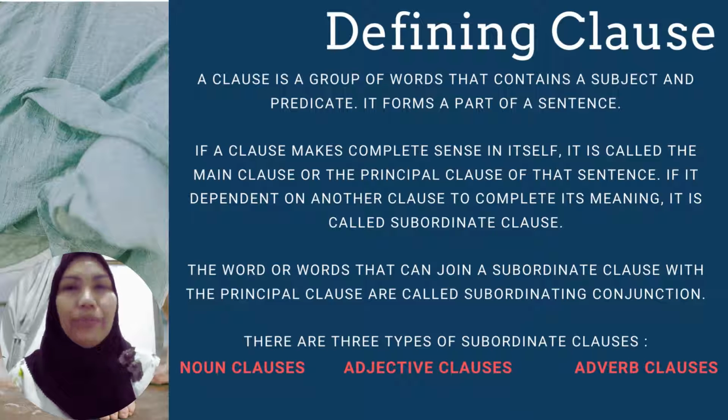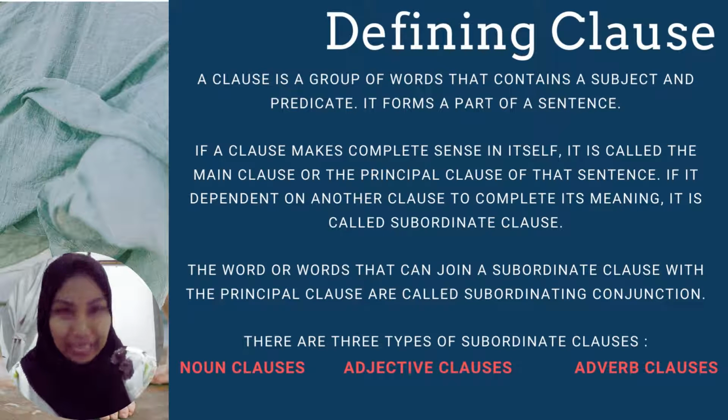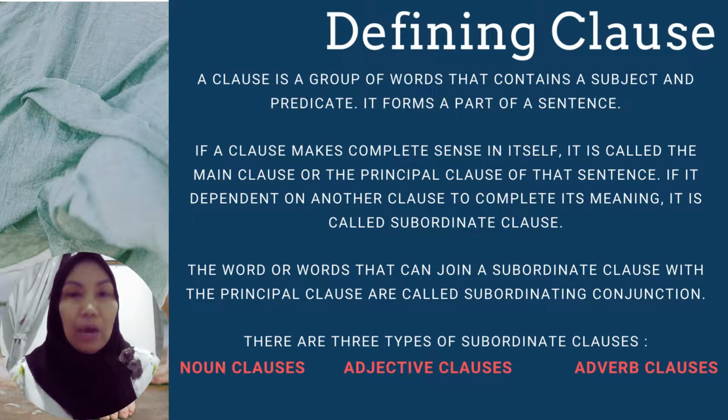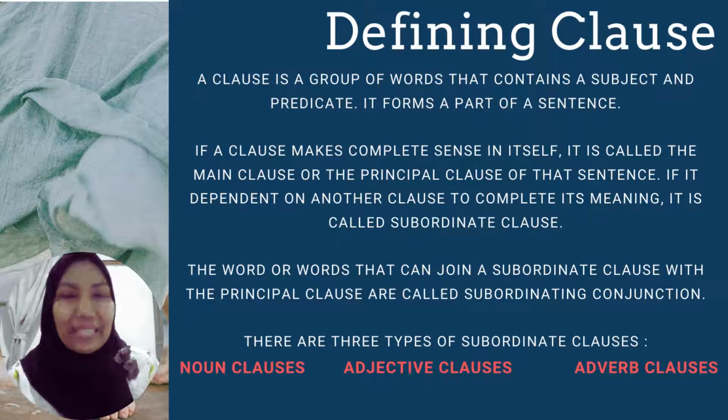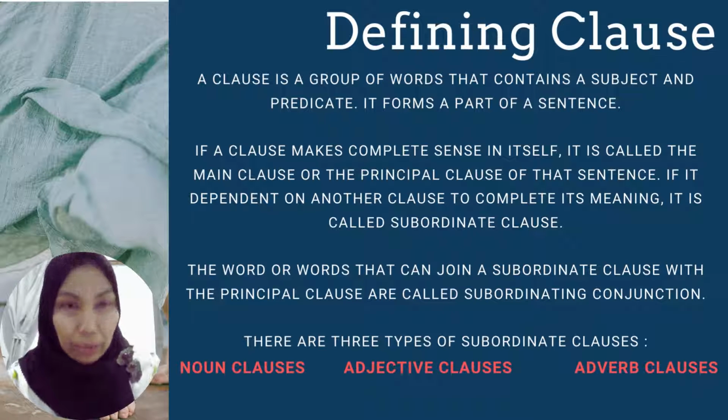First, we are going to define the clause. A clause is a group of words that contains a subject and predicate, and it forms a part of a sentence. If a clause completes sense itself, it is called a main clause.